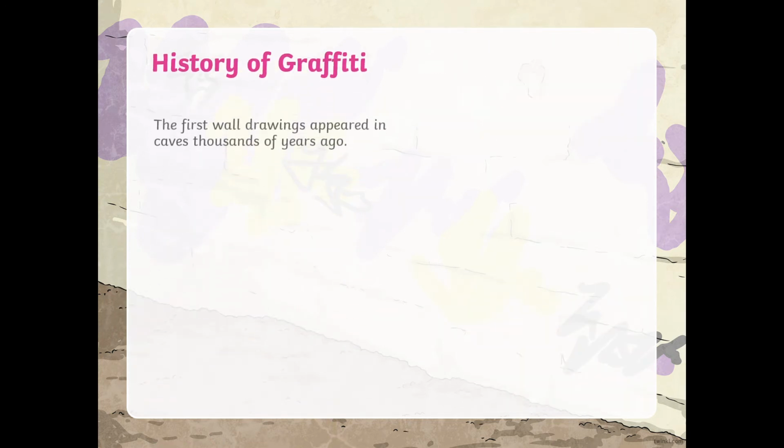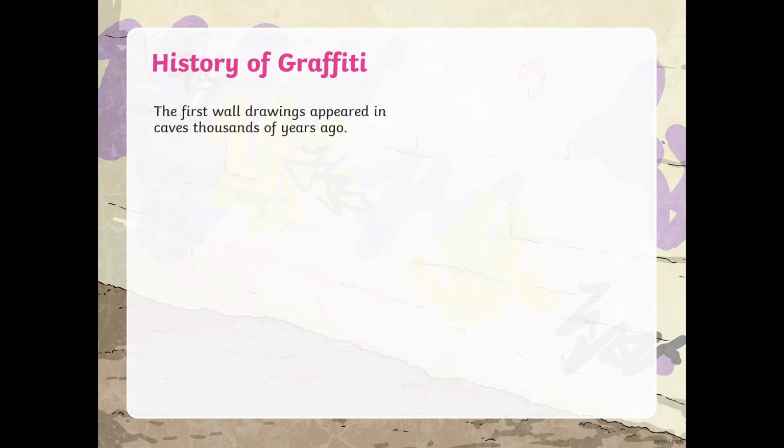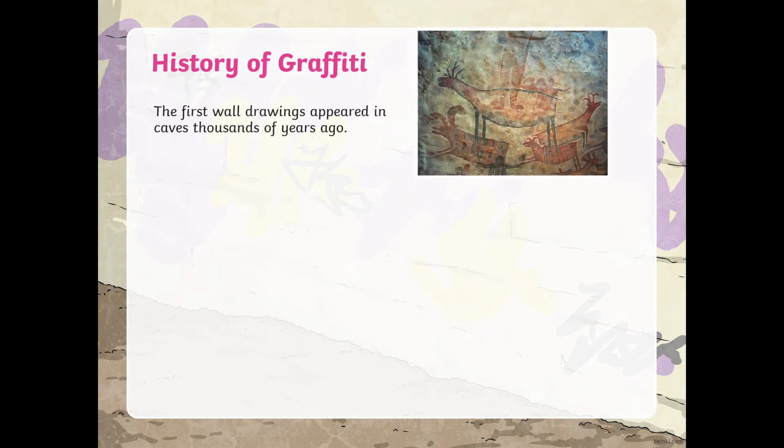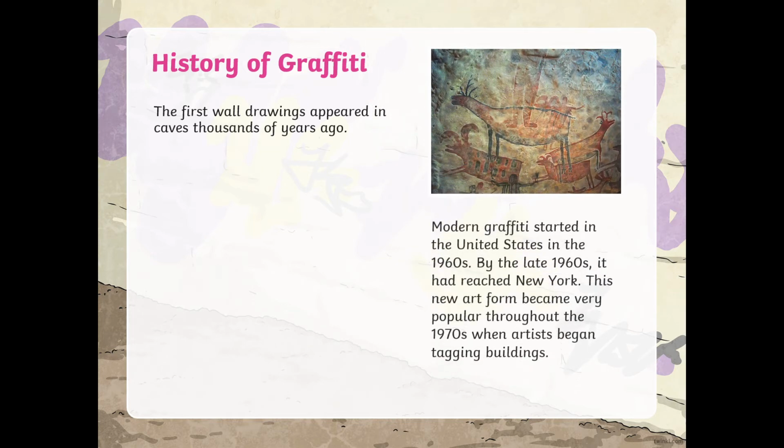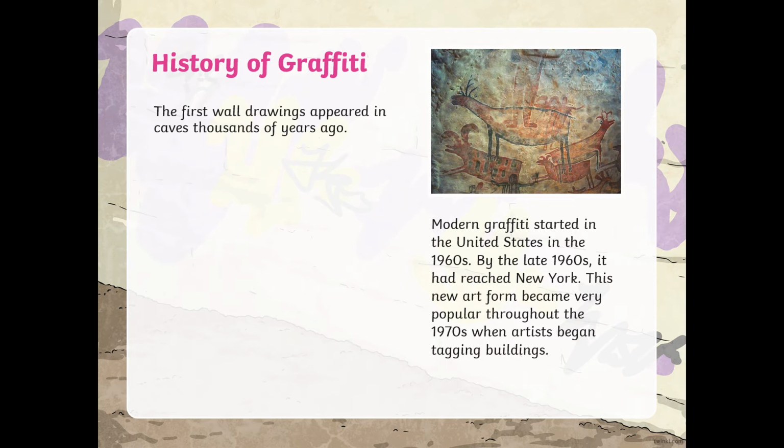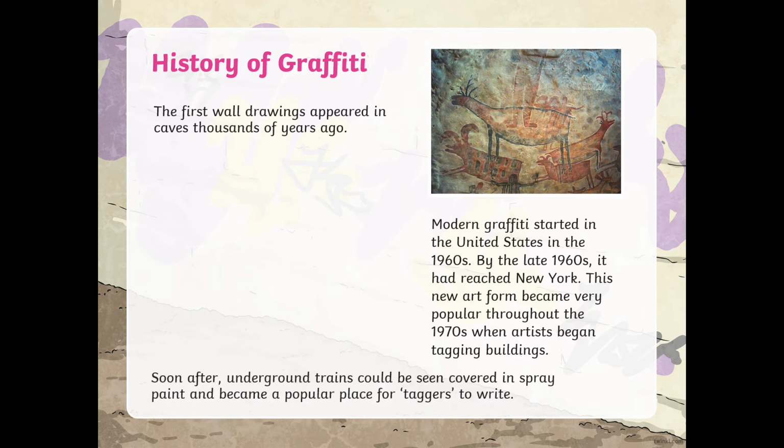The history of graffiti then, thousands of years ago, as you'll know from doing the Stone Age in year 3, the first wall drawings appeared in caves. Now we can see some there. But modern graffiti started in the United States in the 1960s, so relatively recently, and by the late 1960s it had reached New York, and the new art form became very popular throughout the 1970s when artists began tagging buildings.